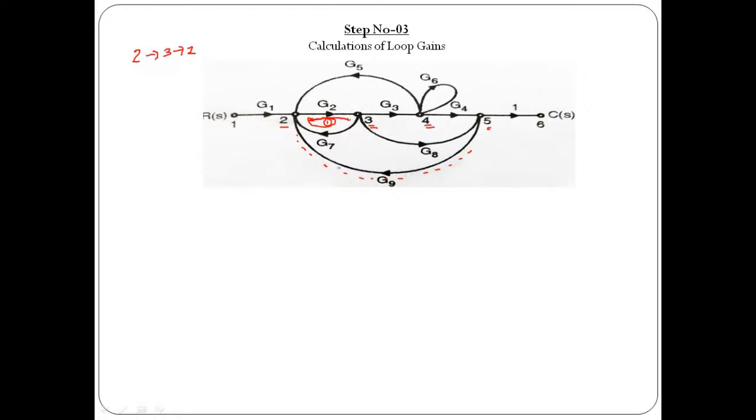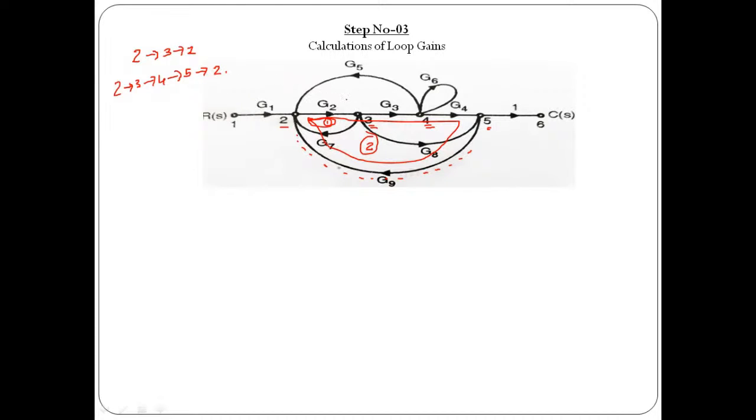So 2, 3, 4, 5, and then coming back to 2. This will be the second loop. Let me write the nodes which are responsible for the formation of this particular loop. Starting with 2, then we have 3, then 4, then 5, and then coming back to 2. That is important.